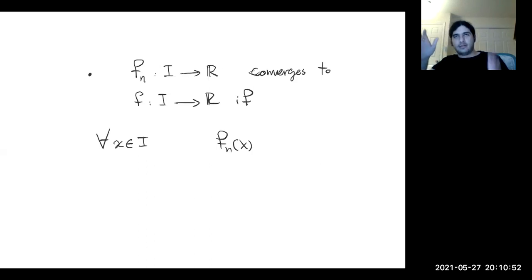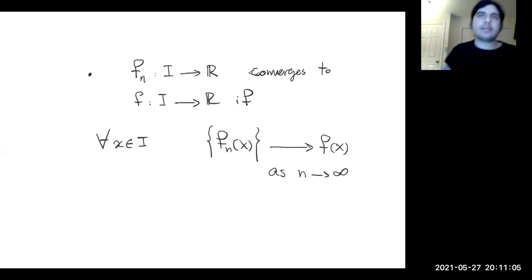Fn of x is a number. This is not a function anymore. This sequence of numbers converges to f of x as n goes to infinity. So in another sense, I'm saying a sequence of functions converges to another function if at each point, if I evaluate those functions at that point, the sequence converges to the function f at that point. This type of convergence is called pointwise convergence.